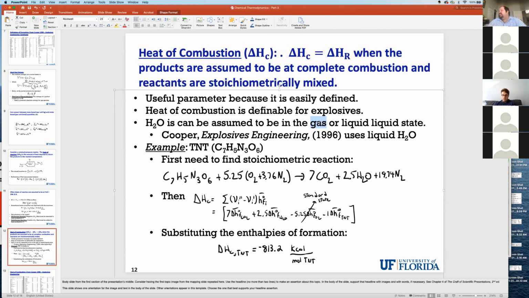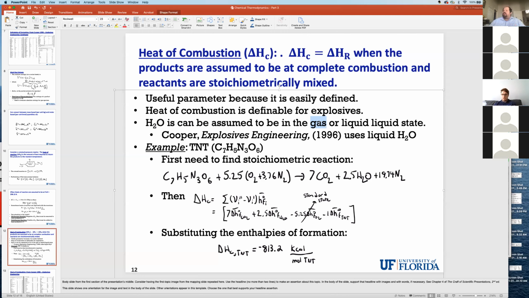Typically, that's not the case because condensation takes a very long time. For instance, in your car engine, the fact that the water vapor goes out the exhaust and eventually becomes water droplets and clouds in the upper atmosphere does not tell you anything about the performance of your car engine.